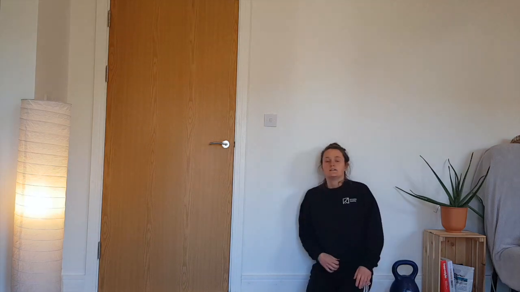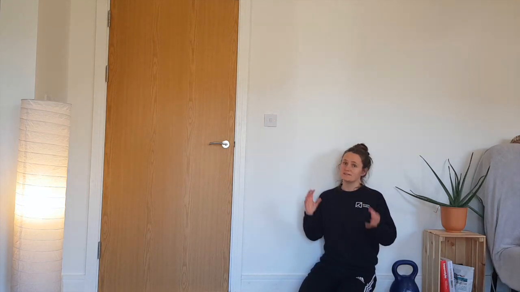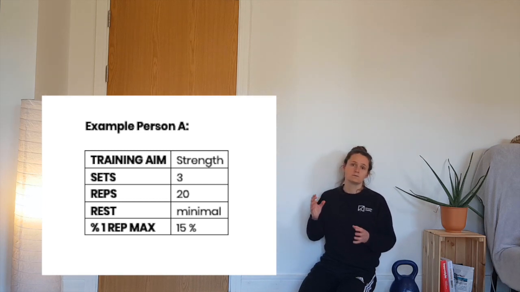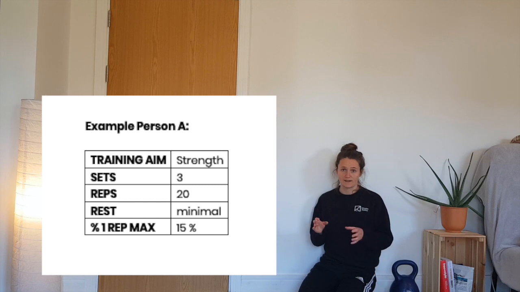There are some other terms I'm not going to go over today, such as periodization, training volume, deloads, and training splits. I'm not going to include them in this video, it's for another time. So let's take a working example. Person A is doing 3 times 20 squats at 15% of a 1 rep max with minimal rest between sets.